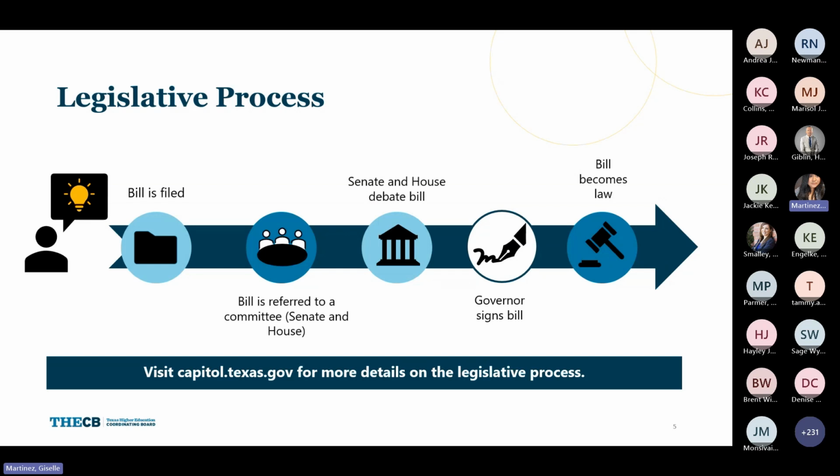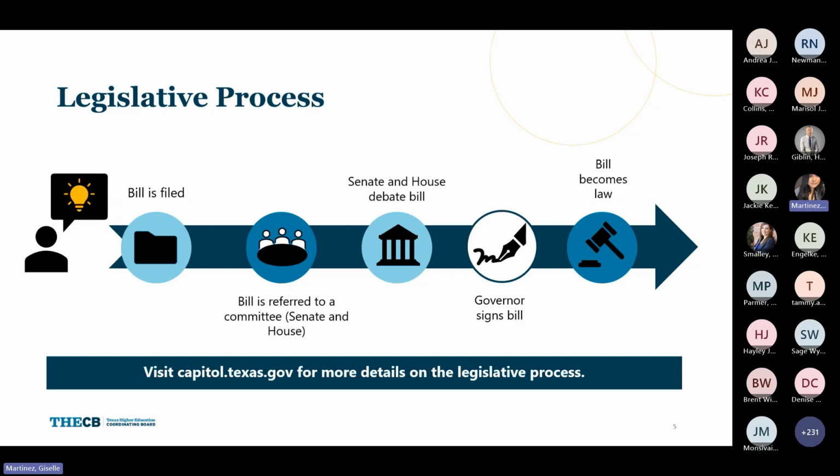In this perfect scenario we have depicted here, the bill is passed onto the floor within the same chamber for debate. So a House bill will move onto the House floor and a Senate bill will move onto the Senate floor. After the bill is passed in the chamber it originated in, it's then referred over to the other chamber where the bill will go through the same process.